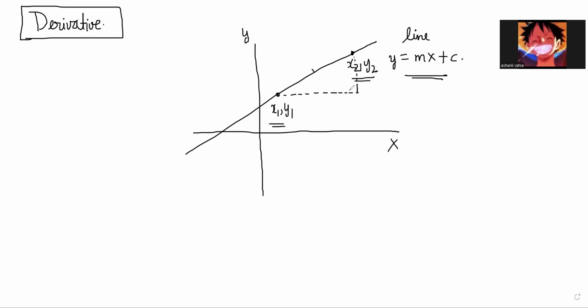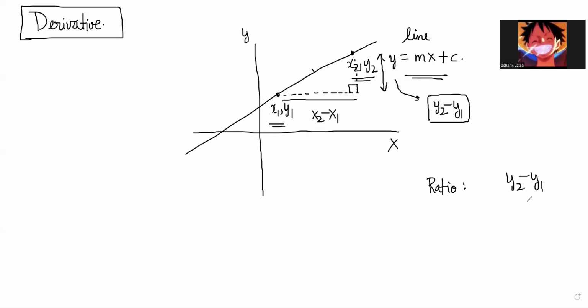If you draw a right angle triangle, this distance is x2 minus x1 and this distance is y2 minus y1. So slope is basically the ratio y2 minus y1 by x2 minus x1.